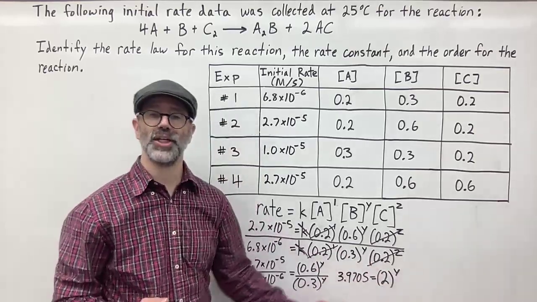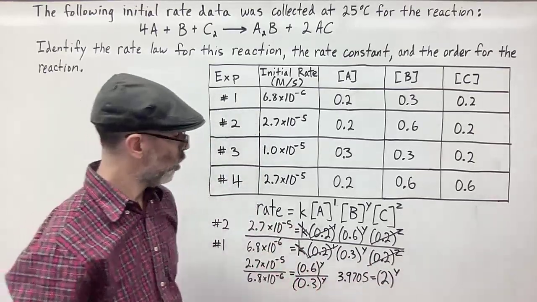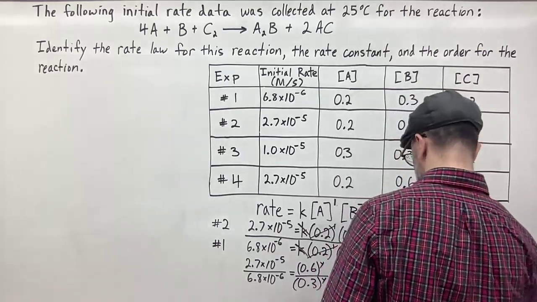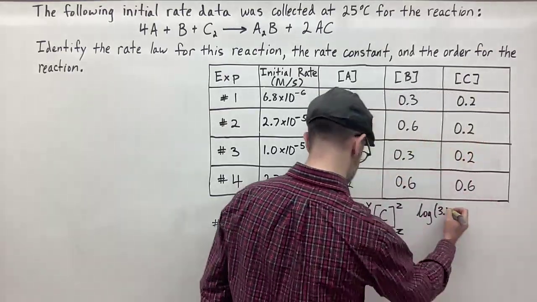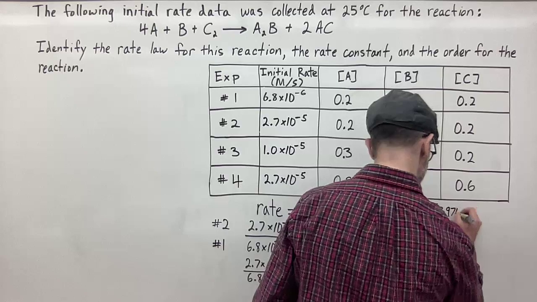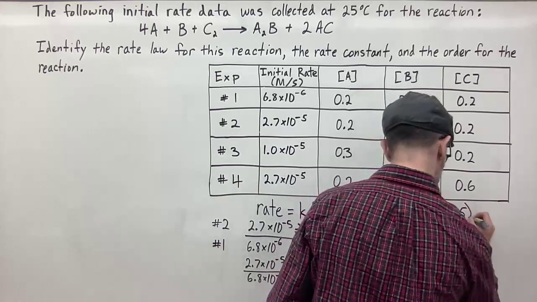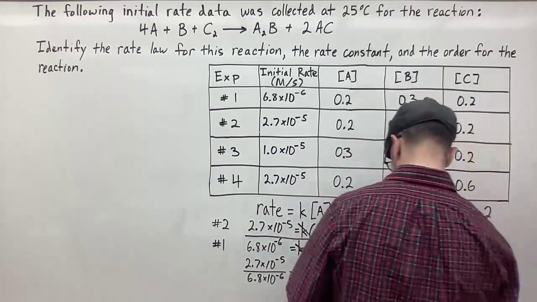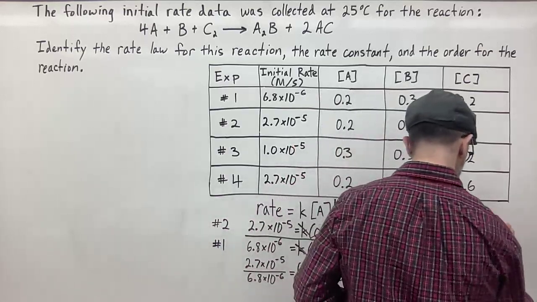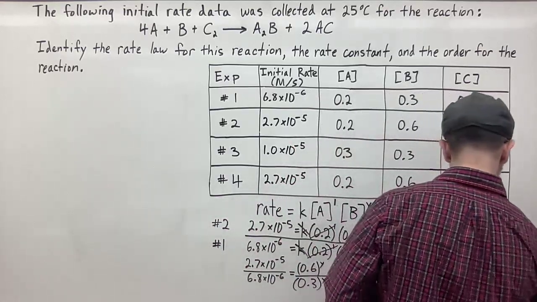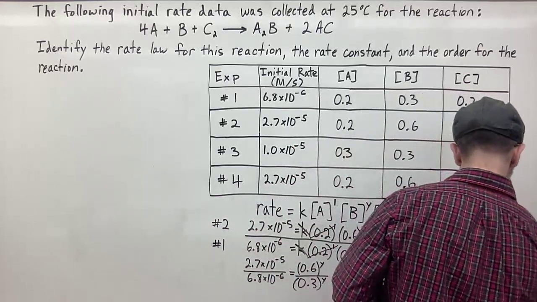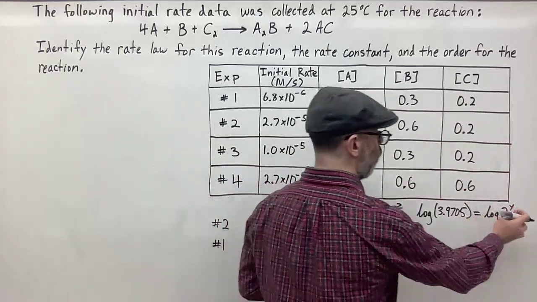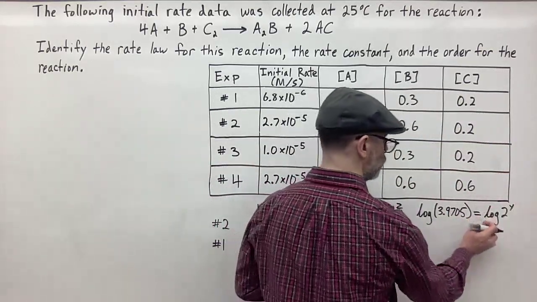And so again, using logs, I can solve for y. So here, log of 3.9705 is going to be equal to log, oops, I forgot the log of 2 to the y. Now that I have y here, I can bring the exponent to the front.